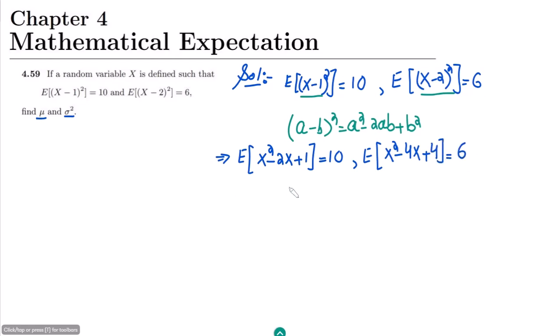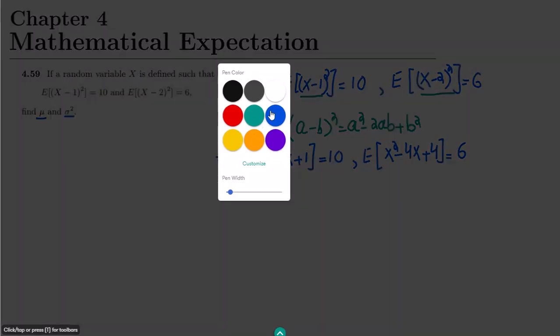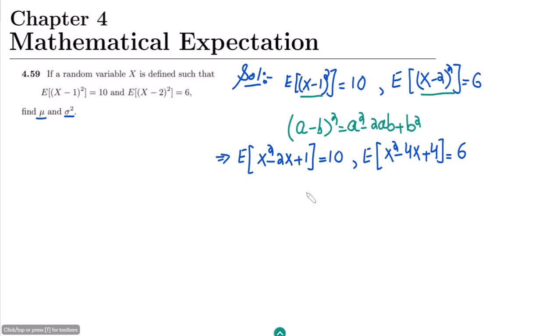Now again using the strategy we have previously seen in our previous questions, that E[aX+b] is equal to the multiplicative factor outside of the expected value of X, while the constant term stays the same.